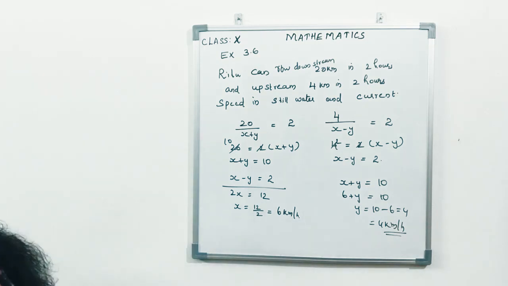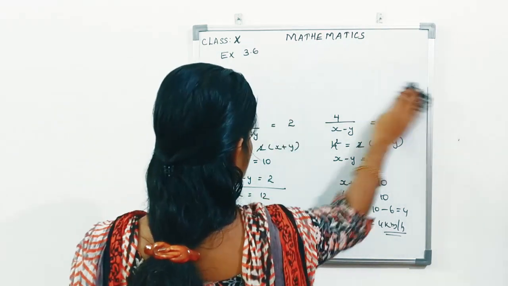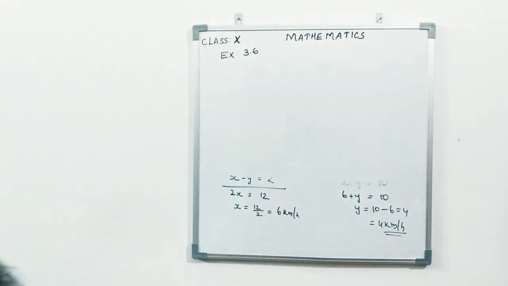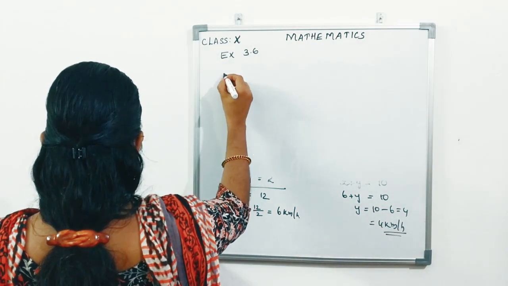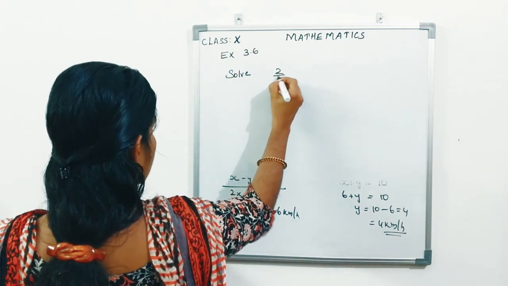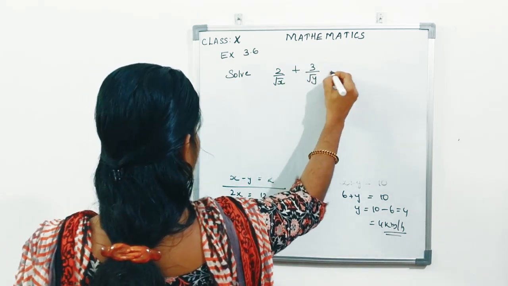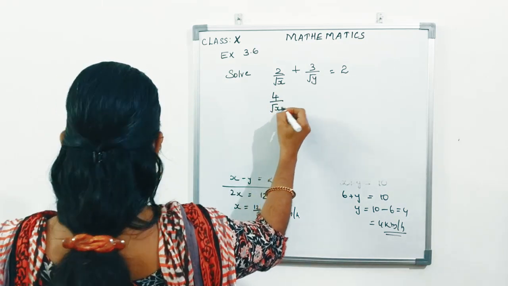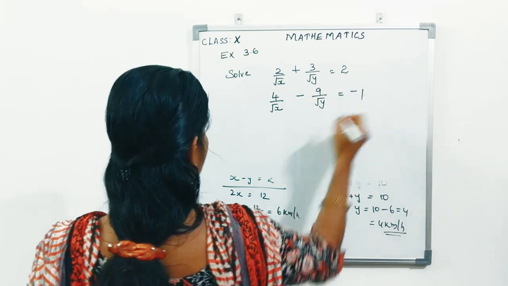Next I will show one more question. Solve 2 by root x plus 3 by root y is equal to 2, and 4 by root x minus 9 by root y is equal to minus 1.